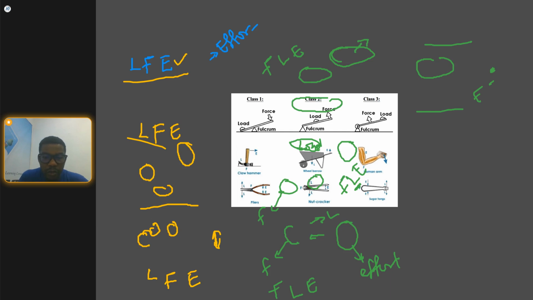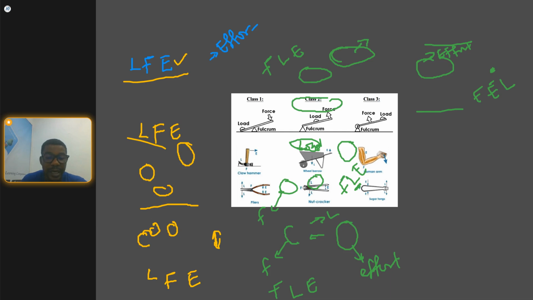Now, let's use effort instead of force. So we have fulcrum, then effort, then L. That is F, E, L. The effort is in between the fulcrum and the load.